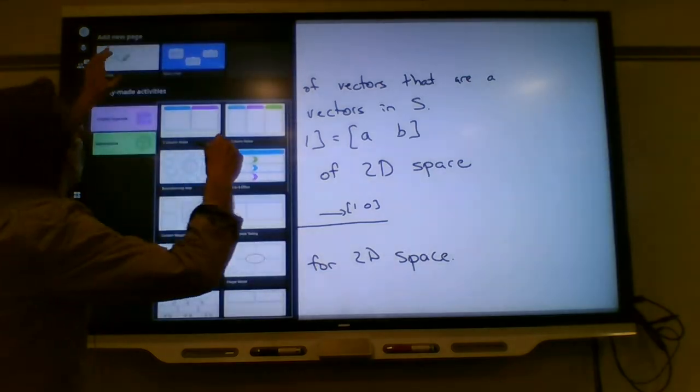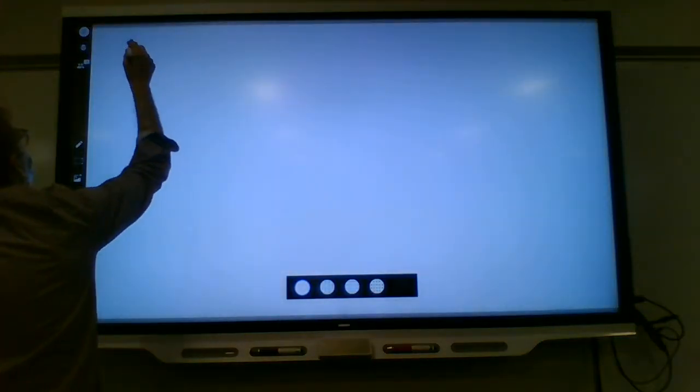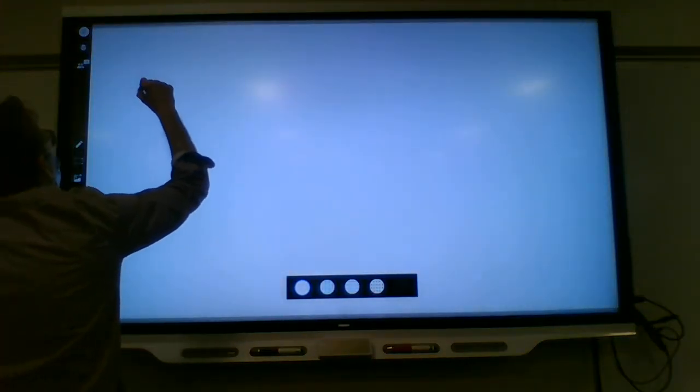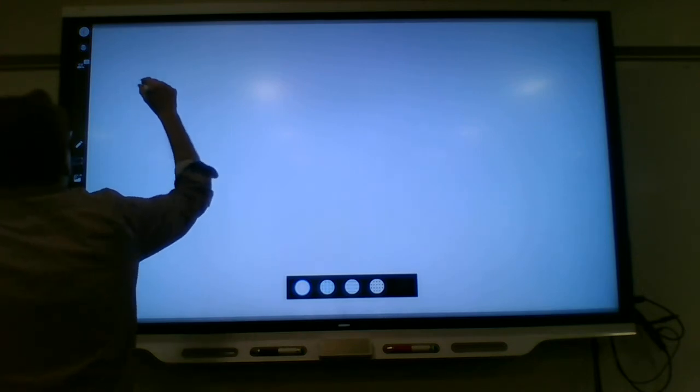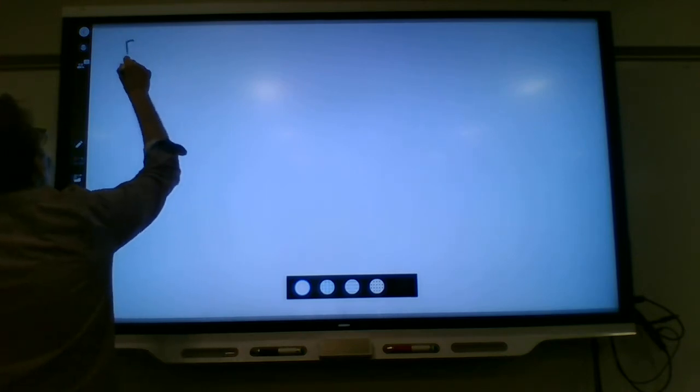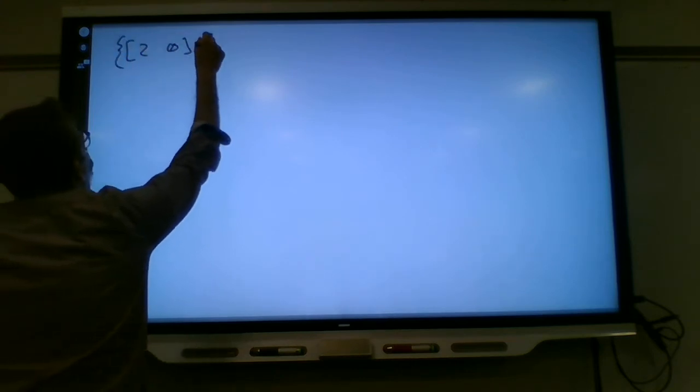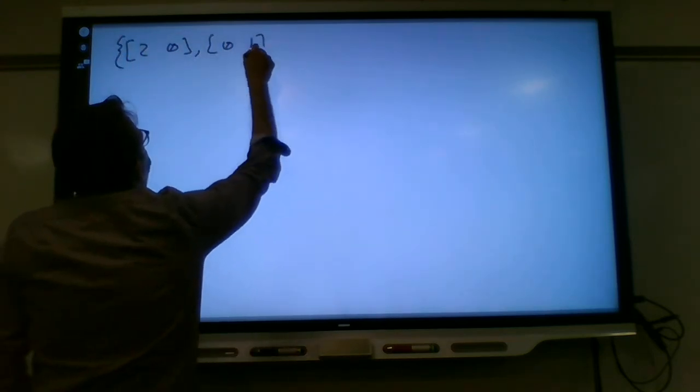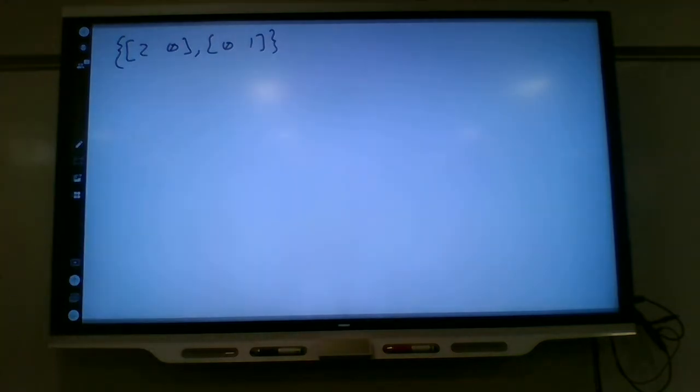But what if we instead decided that we liked a different set of vectors? What if instead we liked these vectors?